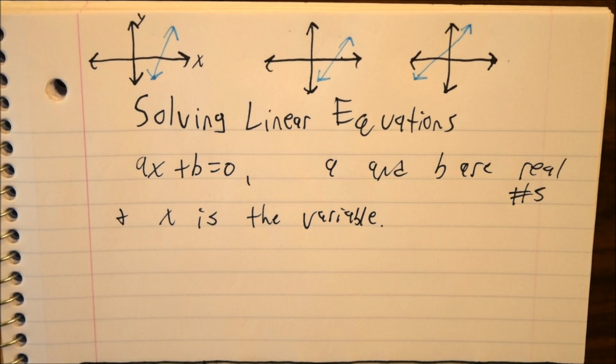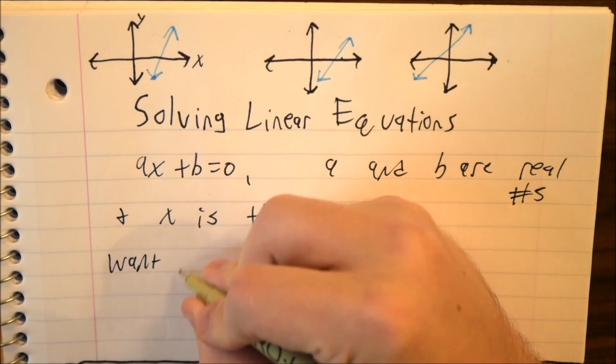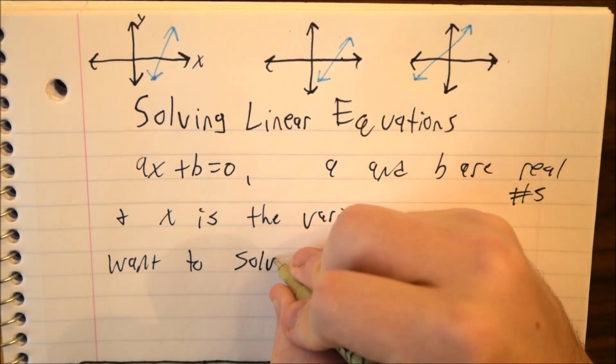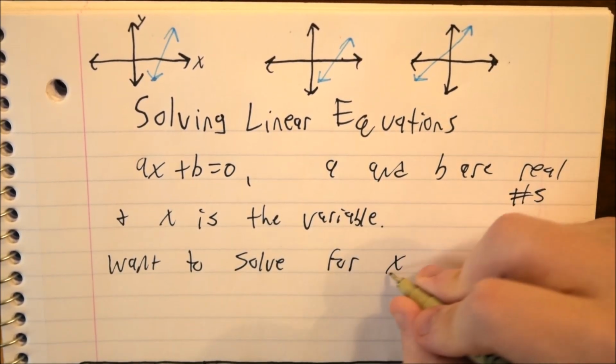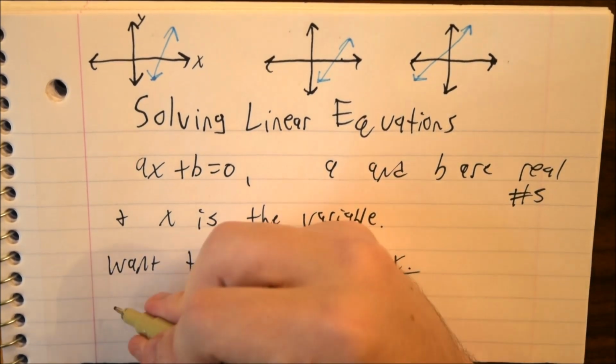So the whole goal behind solving linear equations is solving for x. x is the variable or the unknown here, a and b are just real numbers. So we want to solve for x. That's what we want to do. But how do we do that?